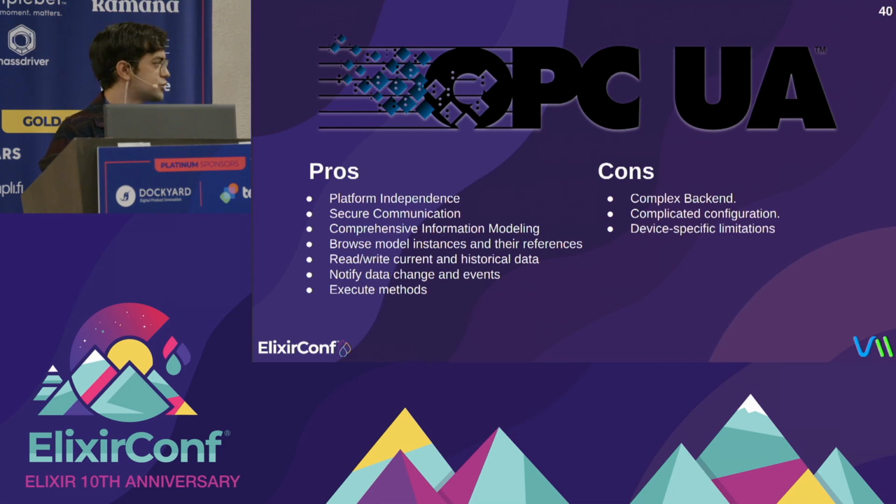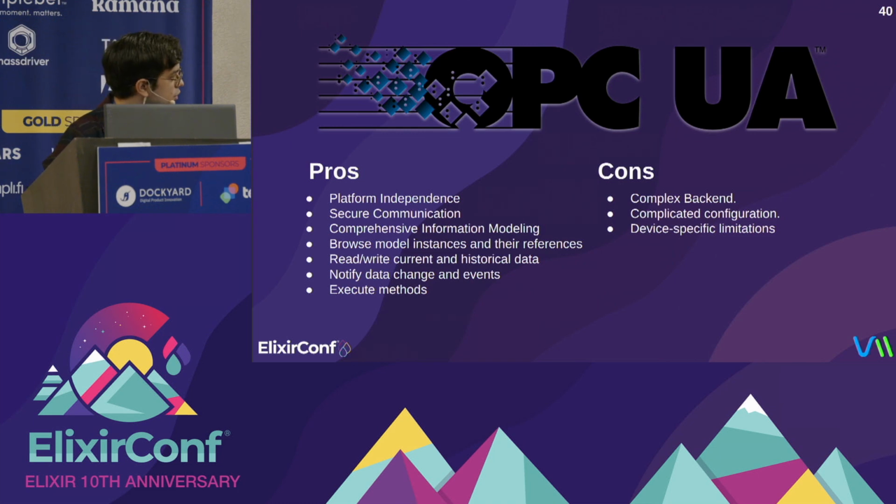They use encryption, and they have some strategies to handle this feature. We also have the publish-subscribe behavior with monitored items. So they have a lot of features. However, it is really complicated to implement it fully in Elixir, and it has a very complex configuration process.